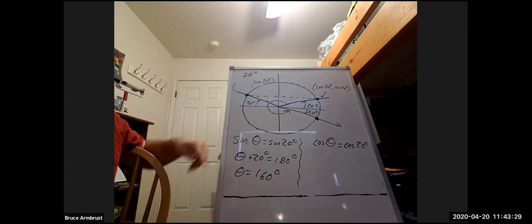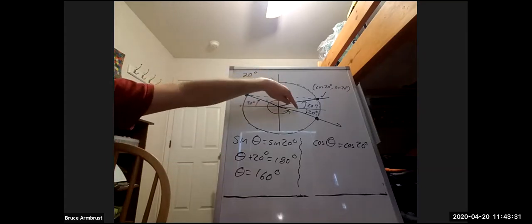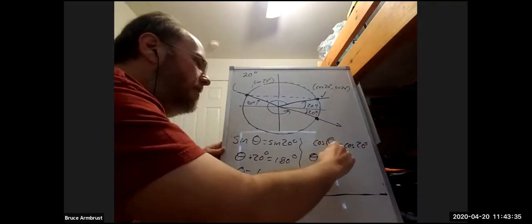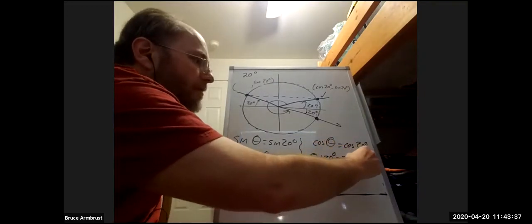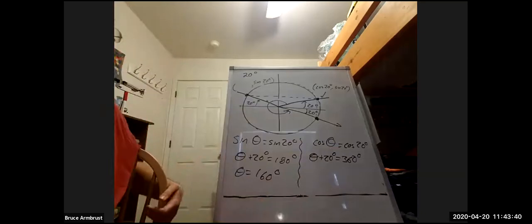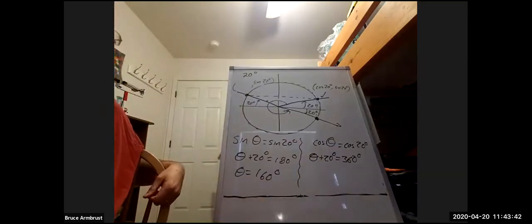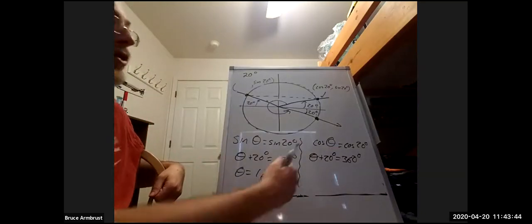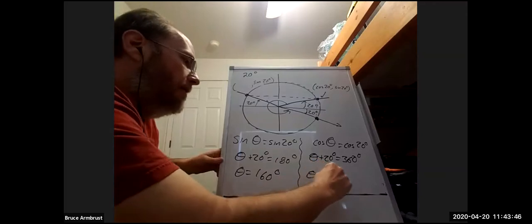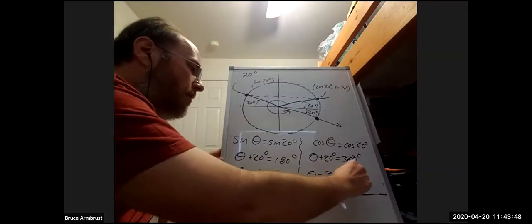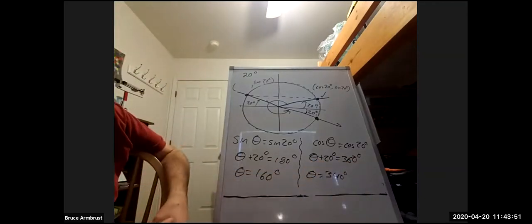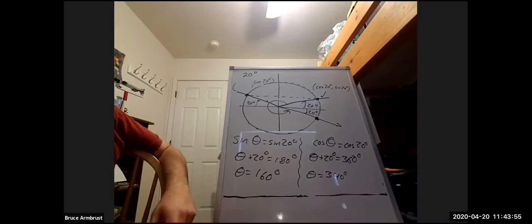But for the cosine, we know that this theta plus that 20 degrees has to be a full rotation. So I'm going to write here that theta plus 20 degrees has to equal 360 degrees. So if we subtract off that 20, we get 340 degrees. So if you take the cosine of 340 degrees and get a number for that, you'll see you get the same thing as the cosine of 20 degrees.